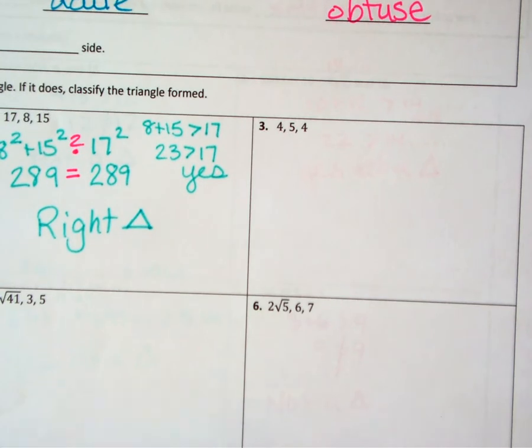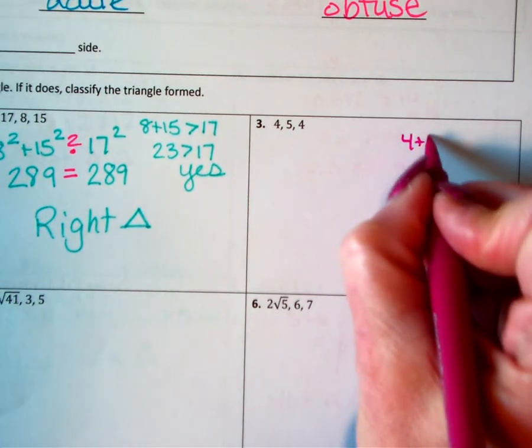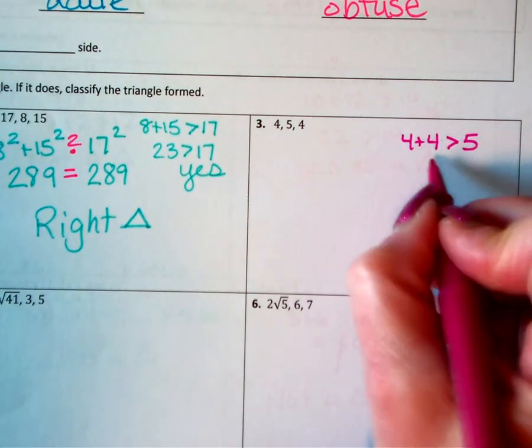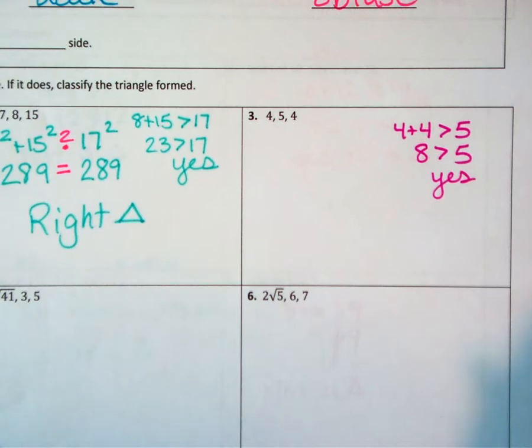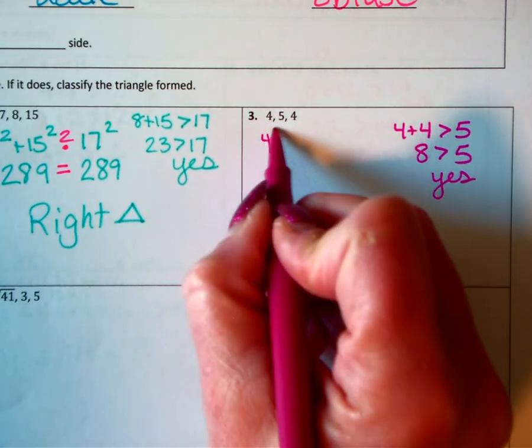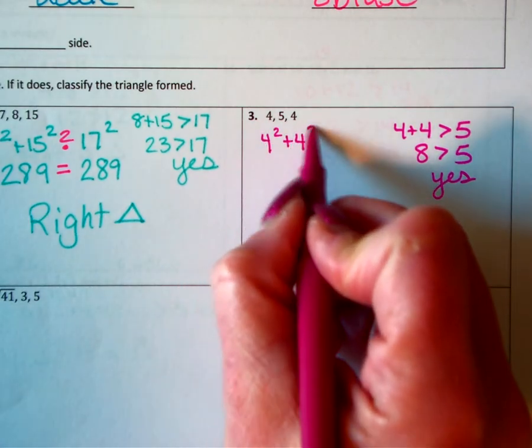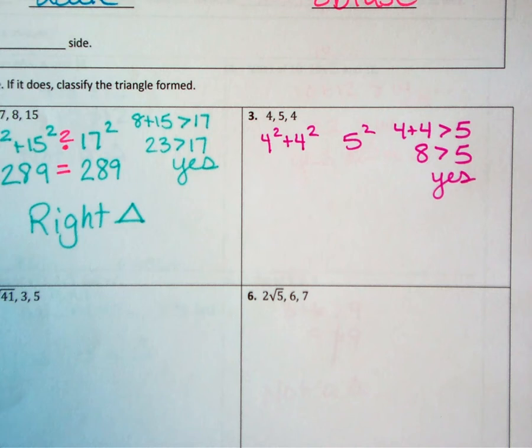Okay, next one, I have to check if 4 plus 4 is greater than 5, and 8 is in fact, so yes, it's a triangle. Okay, so I need to check what 4 squared plus 4 squared is compared to 5 squared, right? This is what I'm checking out here.